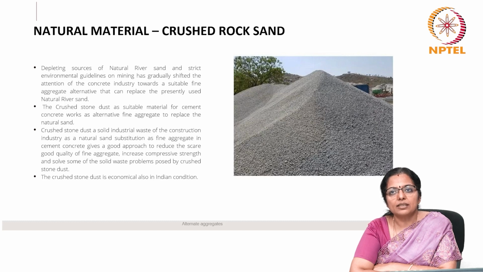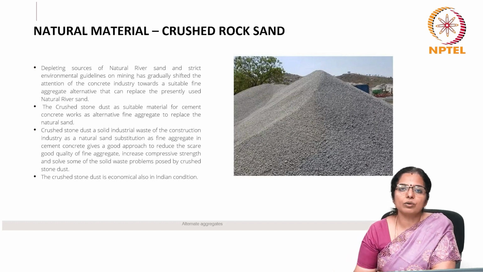Crushed stone dust, a solid industrial waste of the construction industry, as a natural sand substitution as fine aggregate in cement concrete, gives a good approach to reduce the scarce, good quality of fine aggregate, increase compressive strength, and solve some of the solid waste problem posed by crushed stone dust. The crushed stone dust is economical also in the Indian condition.